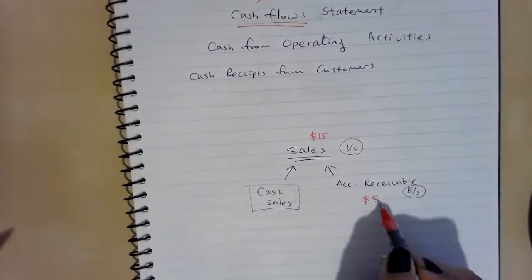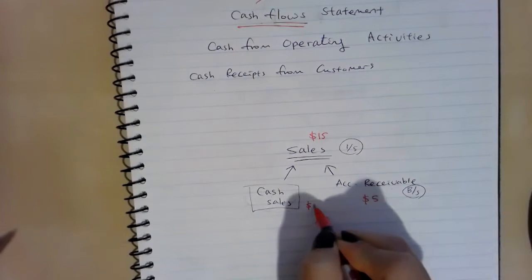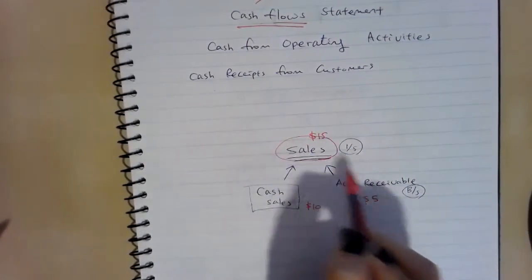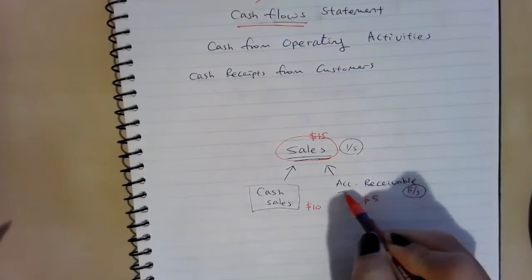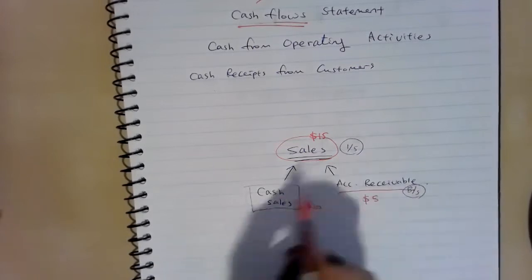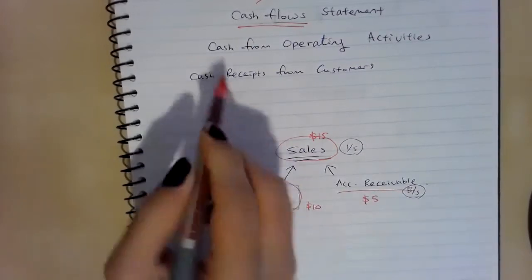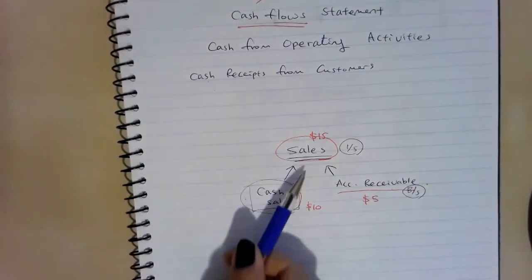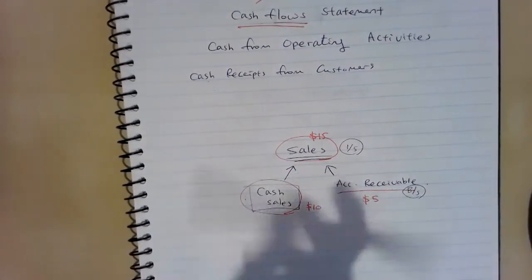So if the credit sales were $5, then cash sales must be $10, right? So that means from sales, we exclude the increase in accounts receivable, take that away, then it will give us cash sales, and that's what we will include there. Cash sales meaning that from sales, how much money did they actually receive?